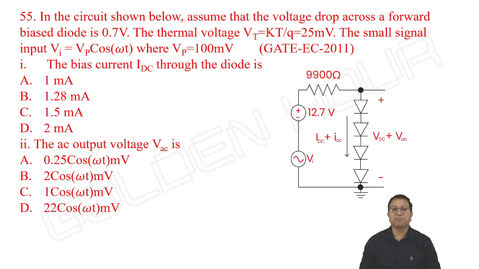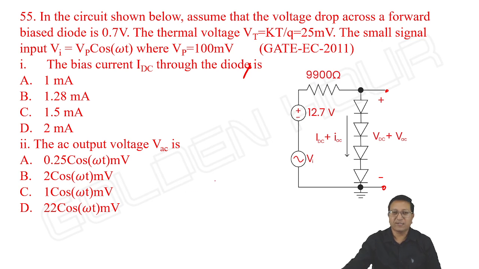Then the DC current IDC through the diodes. And the second part is the AC output voltage VAC, the voltage across the output terminals, meaning the sum of the voltages across all the four diodes. How to do this problem?